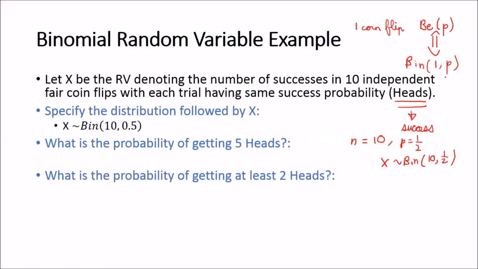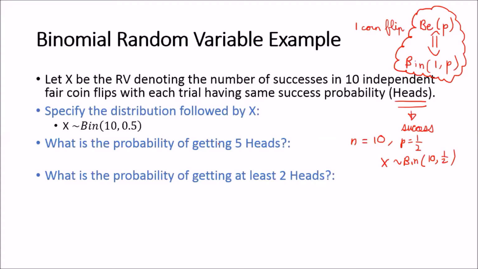So Bernoulli and binomial are related. Binomial counts the number of successes in a certain number of Bernoulli trials. The Bernoulli is a special case of the binomial, where we're only looking at the outcome of a single trial, a single experiment. So always keep this relation in mind, that there's an equivalence between the Bernoulli and the binomial distribution, because this will make your life easier when you are working with the binomial distribution.